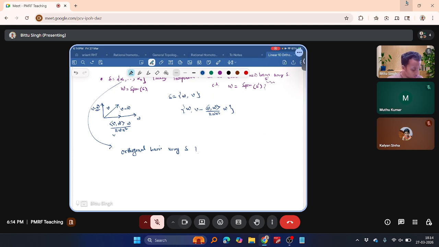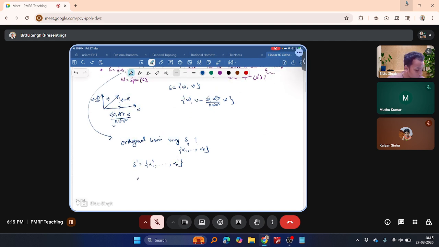The answer is yes. In general, S has n many vectors, alpha 1 up to alpha n. We are trying to create some S dash, an orthogonal basis, alpha 1 dash up to alpha n dash.